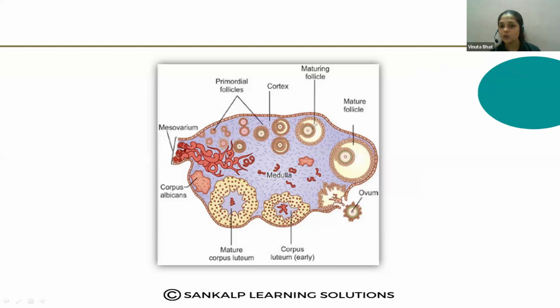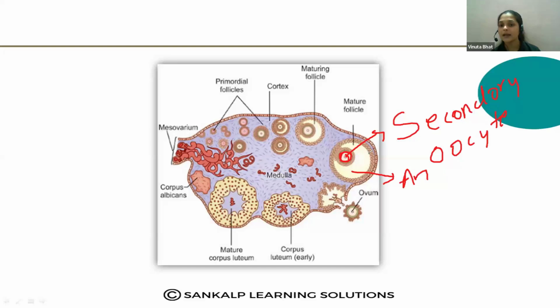Now the primary oocyte will complete the meiotic division and develop into a secondary oocyte. Look here, this is the secondary oocyte, forming a layer of cells around it, and the cells are arranged like this and form the cavity that is called the antrum cavity.